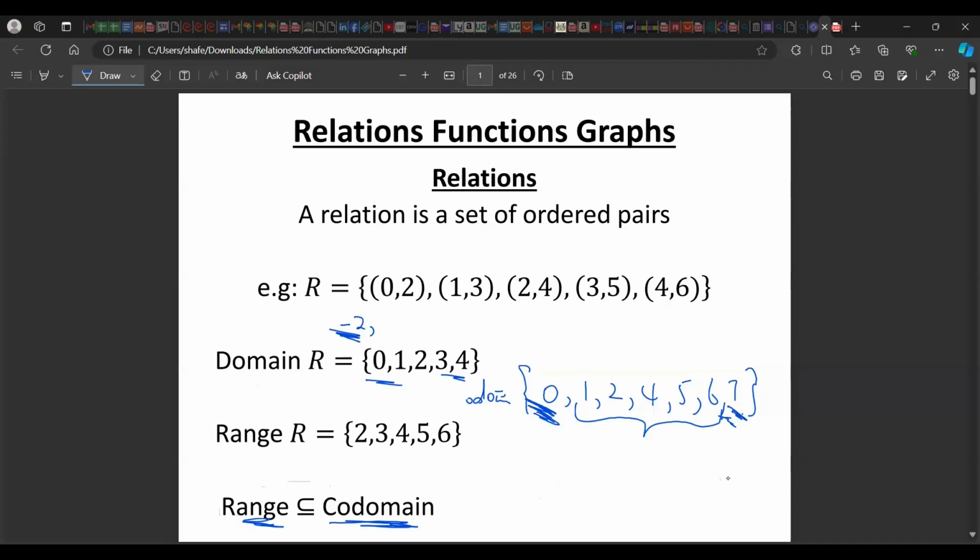And how would we have got 7? What do we need to include here? We want to get 7 out. What do we need to put in?